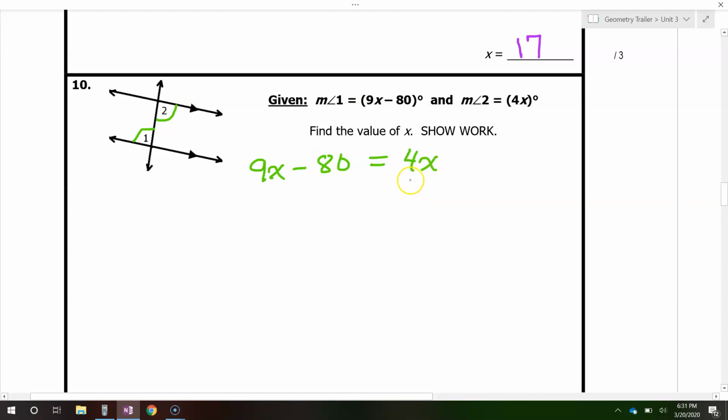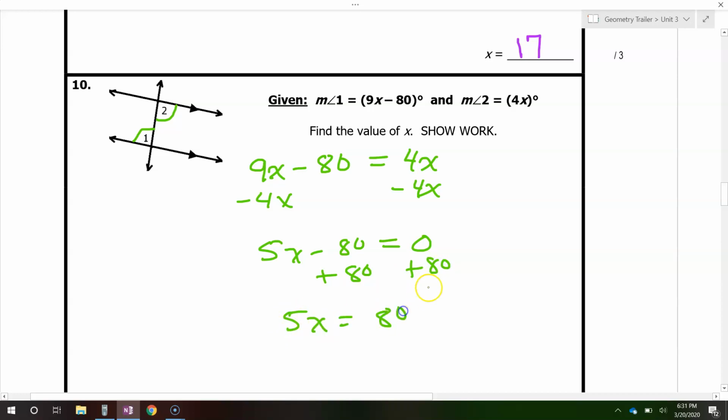Some students have trouble with this because if you were to subtract 4x from both sides, that's not going to leave anything over here. The way you handle that is by putting a 0. And then that would give you 5x minus 80 is equal to 0. And then you would add 80 to both sides, and you'd get 5x is equal to 80.